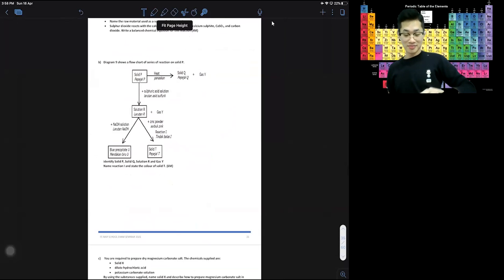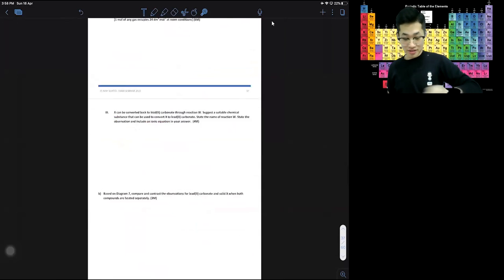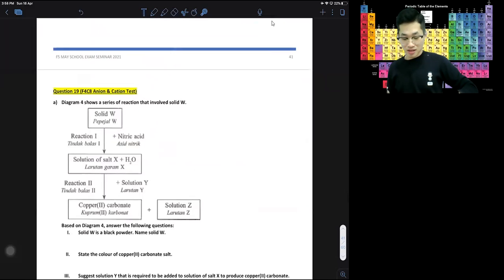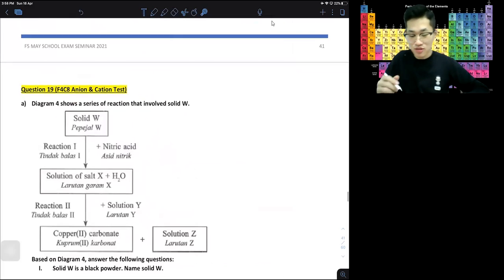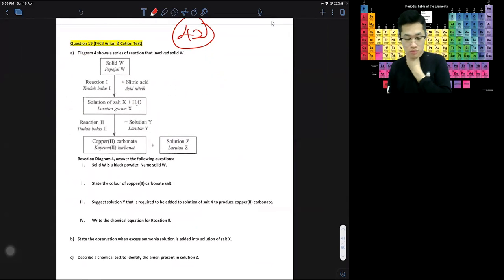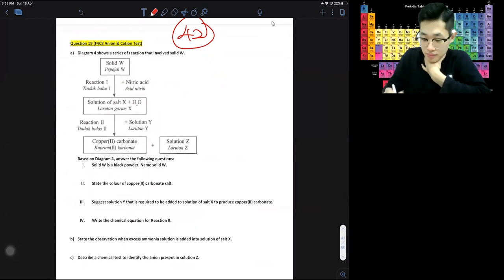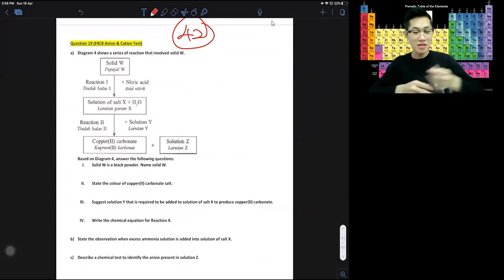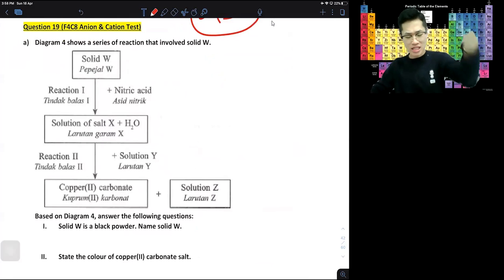Okay, yeah. Remember at the back. Okay, we look at this page 42. So the question says that, this time really no battery already. Okay, can you please try this question? Find all the unknowns. Like what is W, what is X, what is Y, what is Z?